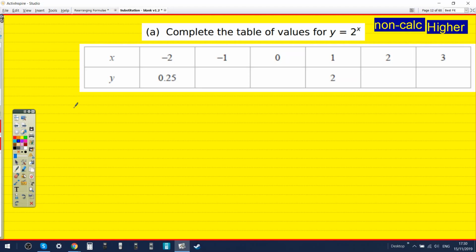Y equals 2 to the power of minus 1 gives us, is it 1 over 2? Yeah. And keep going. And then y equals 2 to the power of 0 is 0. No. Or 2 maybe. Any number to the power of 0? 1? Yes. Okay. And you just go from there.